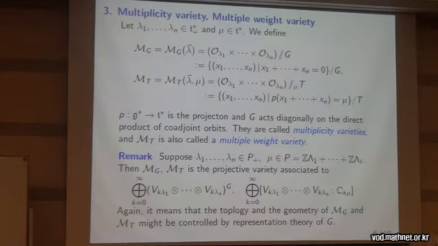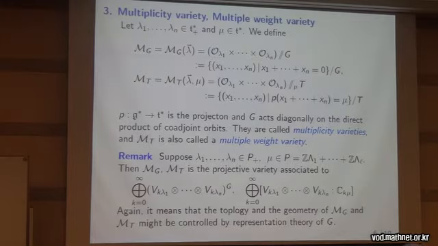And similarly, Mt of lambda mu is defined by the quotient by T of the subset defined by this equation in the product of coadjoint orbits, where P is a projection from K star to T star, and G acts diagonally on the direct product of coadjoint orbits.